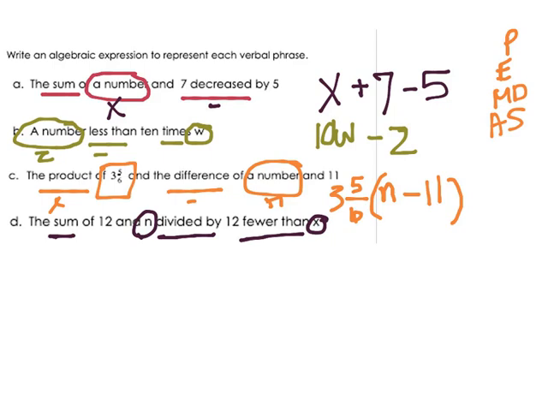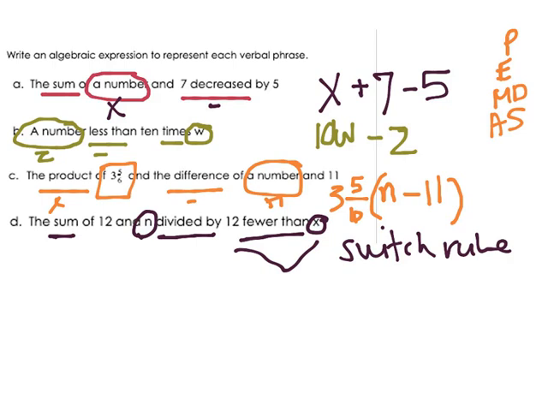So the sum of 12 and n divided by 12 fewer than x. Okay, so I see that fewer than, this section is going to apply to the switch rule, but I'm going to worry about the beginning of this number sentence first.